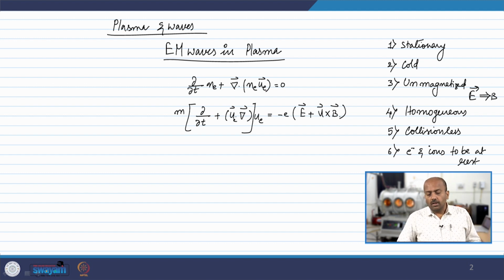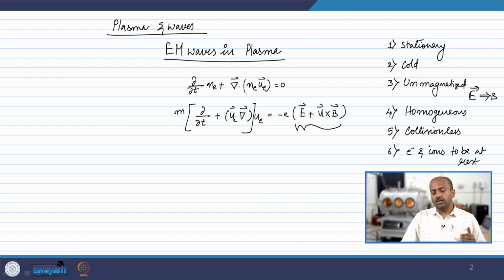These two equations are from the electron fluid equations, which describe how the electromagnetic force will act on the plasma and how the continuity, the law of conservation of mass, is maintained inside the plasma.